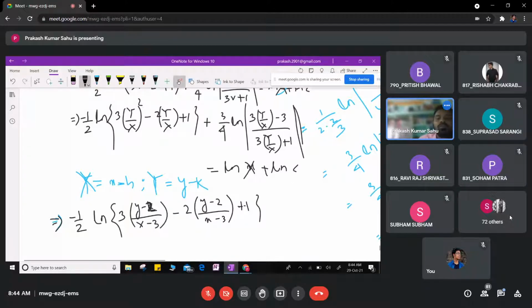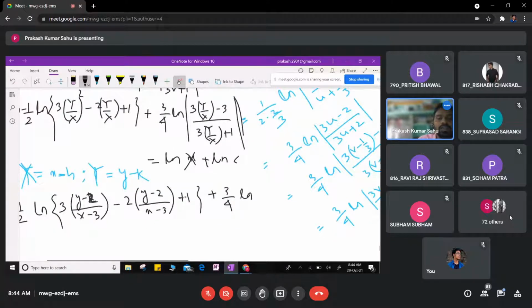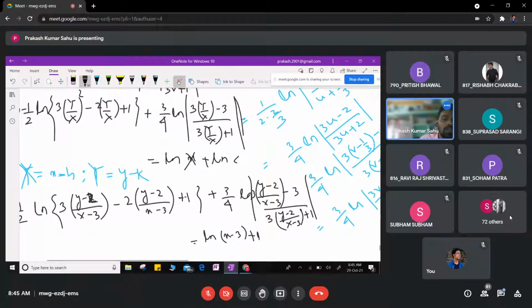This term plus 3 by 4. This is ln y minus 2 divided by x minus 3 minus 3 divided by 3 into, कुछ गलत हो गया, 3 multiply by 3 into, this is also y minus 2 divided by x minus 3 plus 1 is equal to ln this is x minus 3 plus ln c.